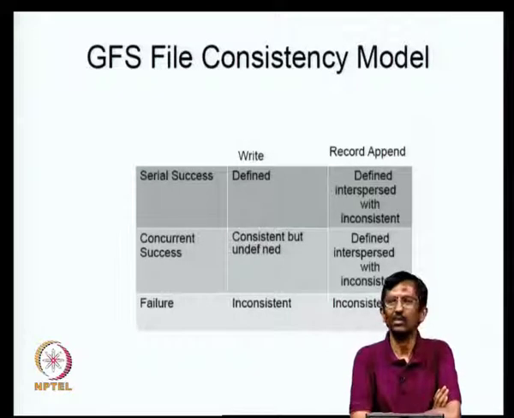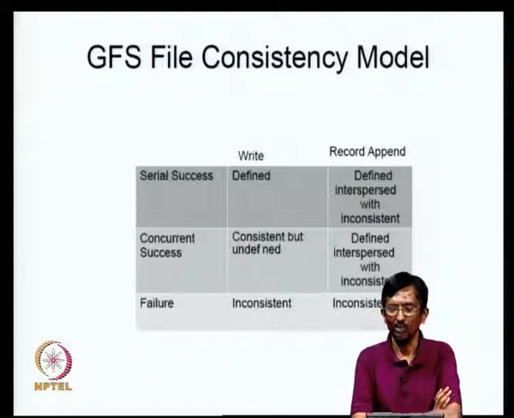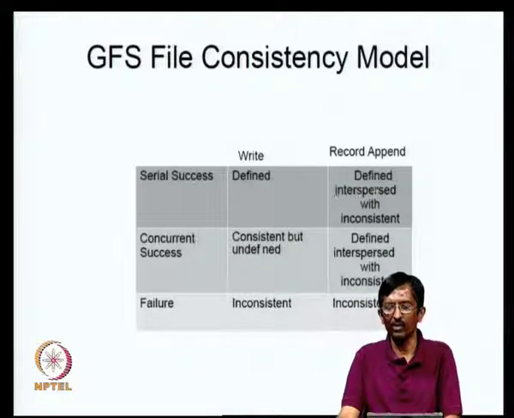So the idea here is, just like in the case of fetch and add, you want to allow multiple updates to happen in parallel. And the way they do it, without a DLM, you are going to have concurrent appends going on. And these concurrent appends can result in a situation where it is defined, but certain portions of the file content could be inconsistent, again because of failures.